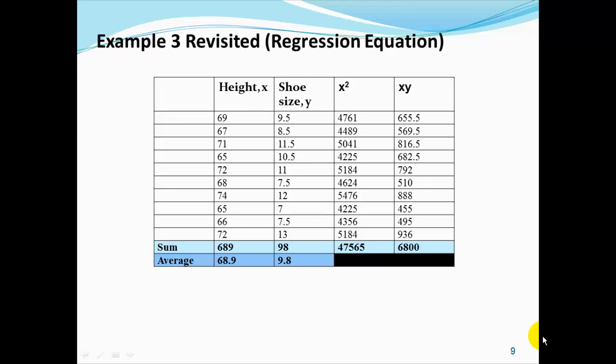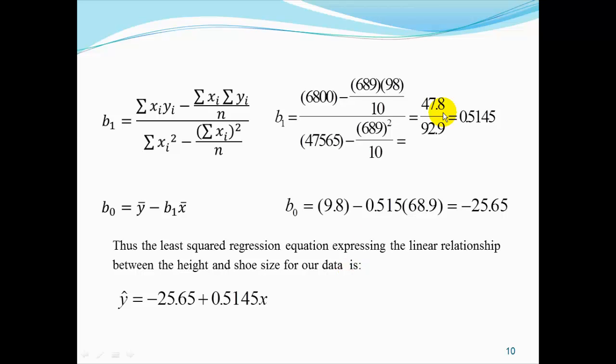You should recall from the previous slide, the summation of x squared is the sum of the third column. This value is 47,565 minus the summation of x. The summation of x on the previous slide is 689, and then you square that sum.